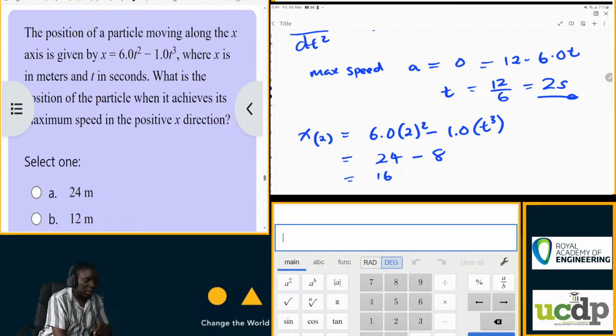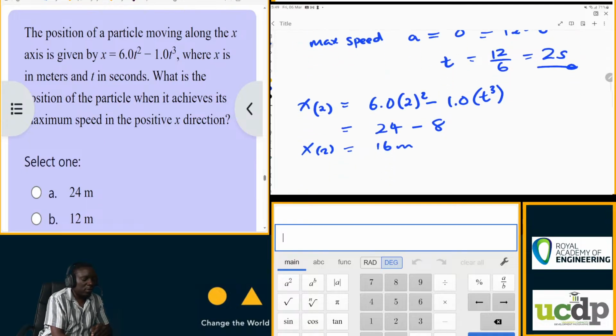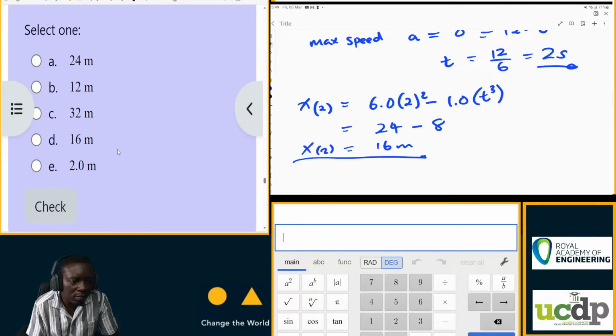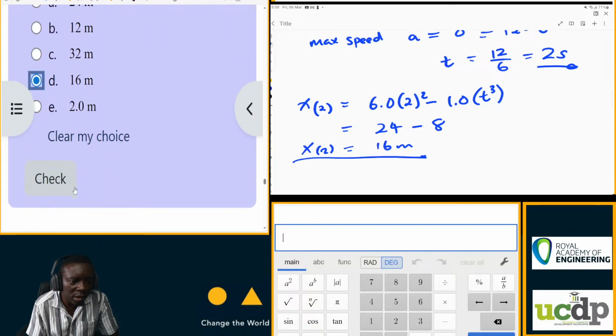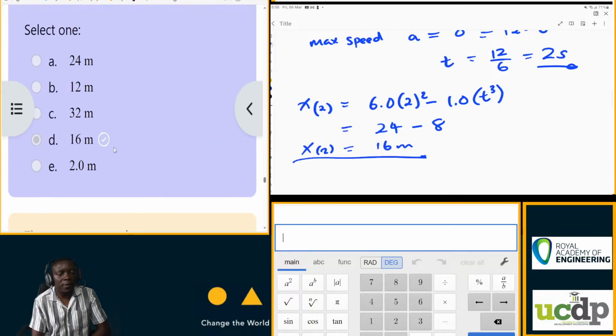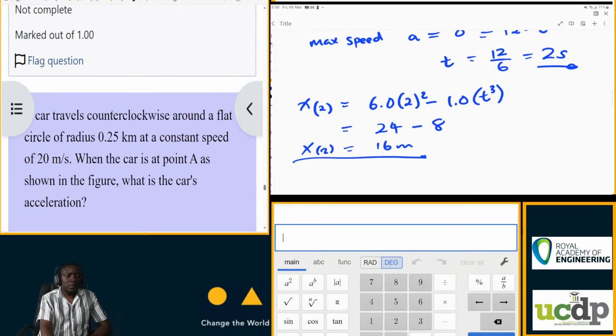This is 16 meters. So this happens 16 meters from the starting position. And we can confirm that if that's possible; the question should enable us to confirm that. So there is our 16 meters, which is fine.